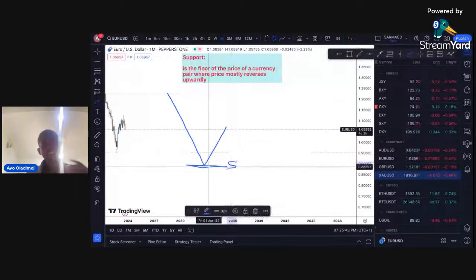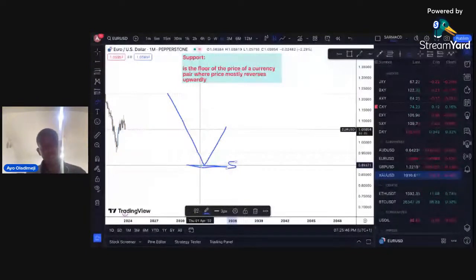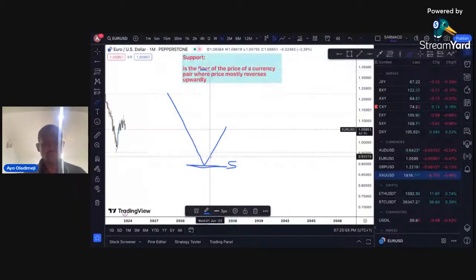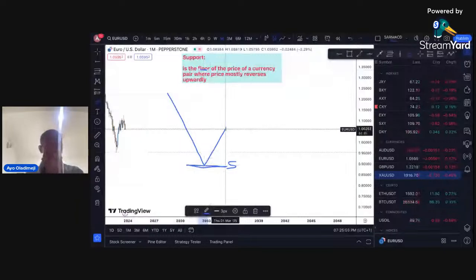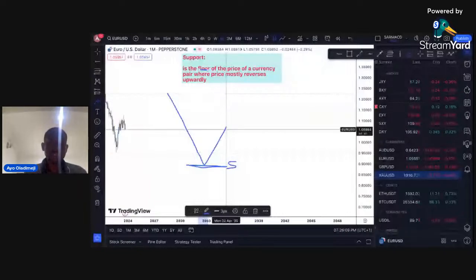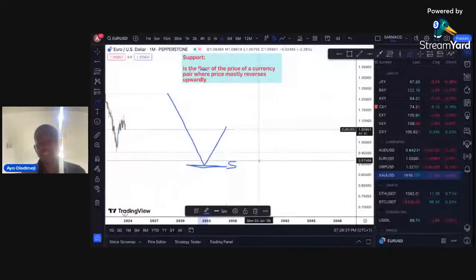Because that is a price level which we call a floor. That's the price level where price bounced back up. So you may call it a low price level where price reverses upwardly.